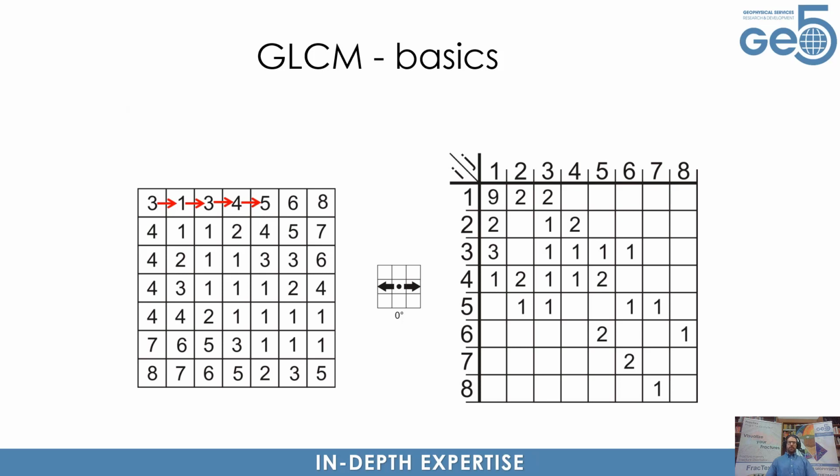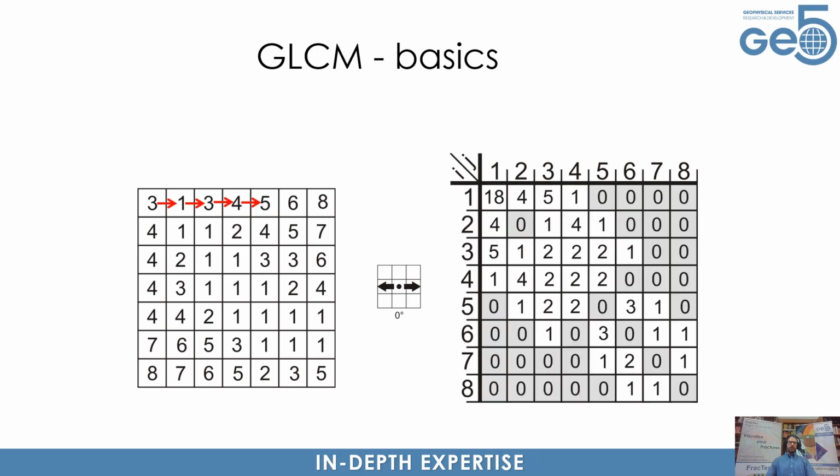The GLCM method is a symmetrical method. This means that if we do the comparison from left to right, we also have to do it from right to left. So you can either compute this line by line or sample by sample, or you can simply take the existing co-occurrence matrix and mirror it on the diagonal and add it to the existing co-occurrence matrix, which will then give these results.